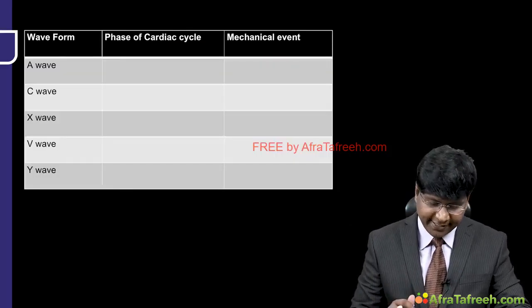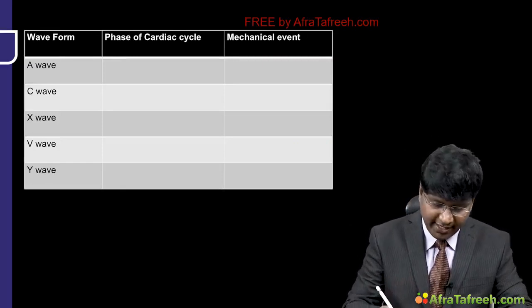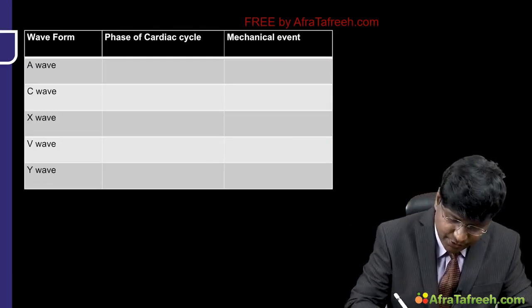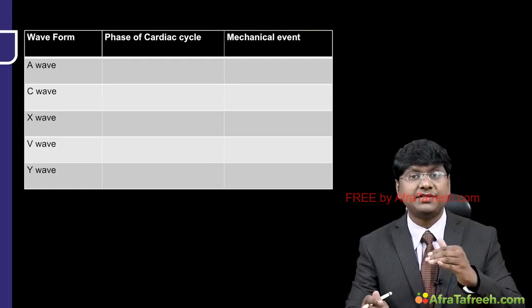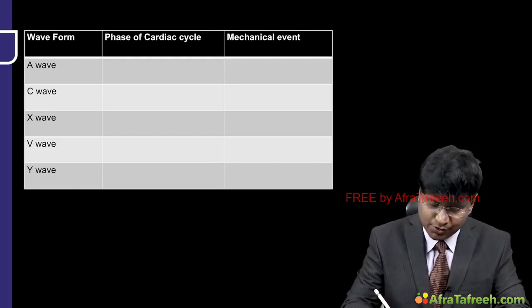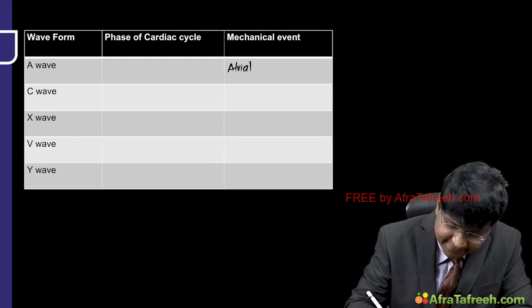So you take the individual waves, that is A wave. A wave occurs due to the atrial contraction. What does the A wave tell you? The pressure within the right atrium increases.